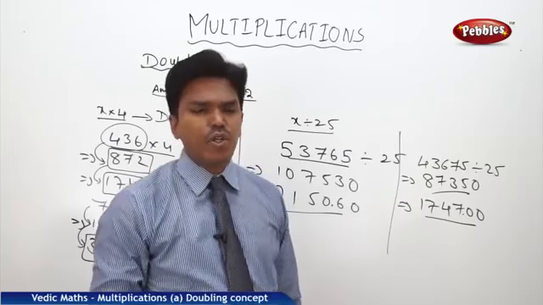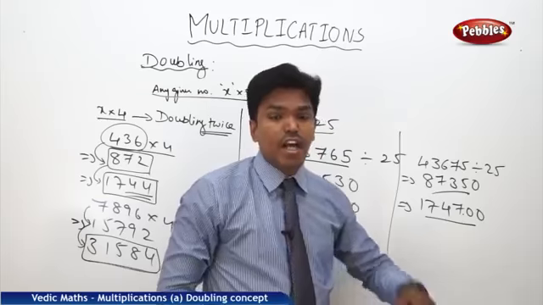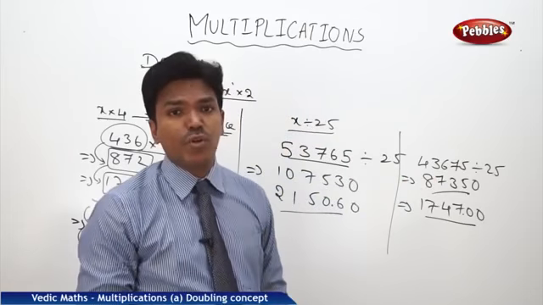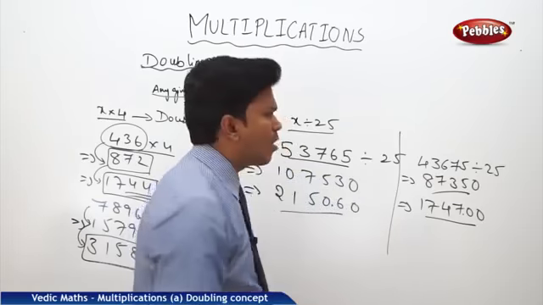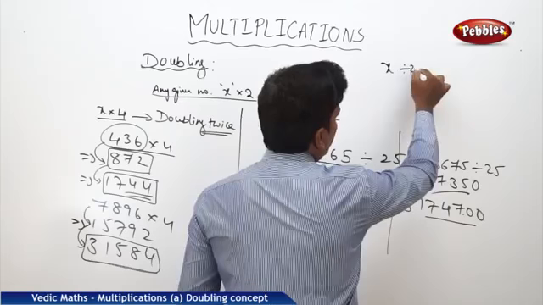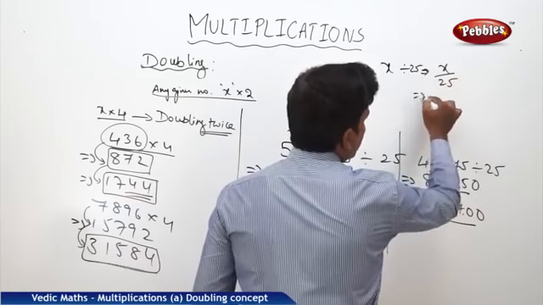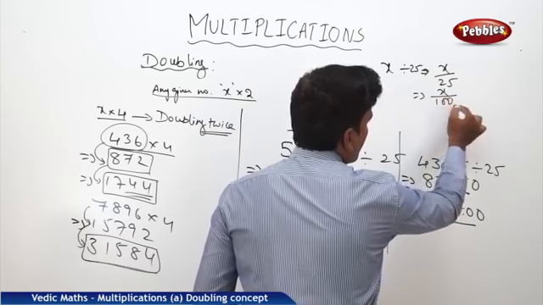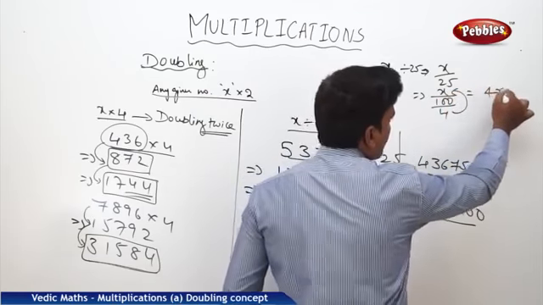You may get one doubt: why are we doing doubling twice and putting a decimal point after 2 digits from right to get the answer when you want to divide a number by 25? Now I will tell you the logic. Whenever you want to divide any number by 25, that is x by 25, 25 can be written as 100 by 4, so x by (100 by 4). Yes or no? If 4 goes up, it is nothing but 4x by 100.